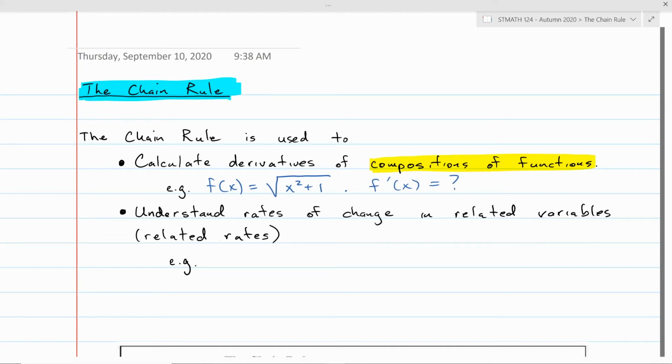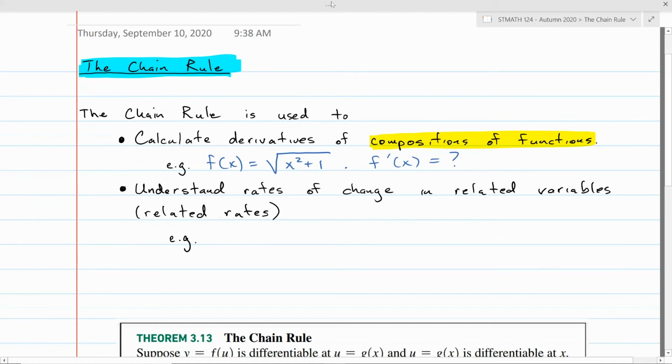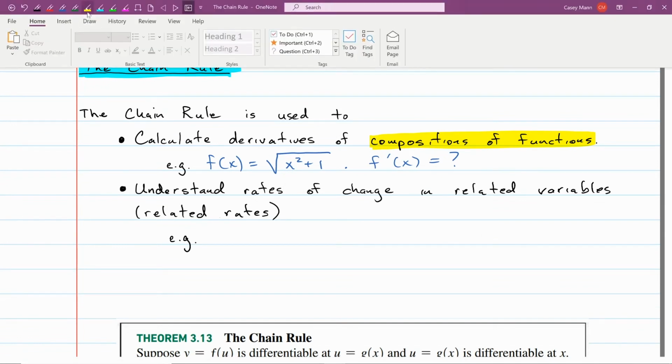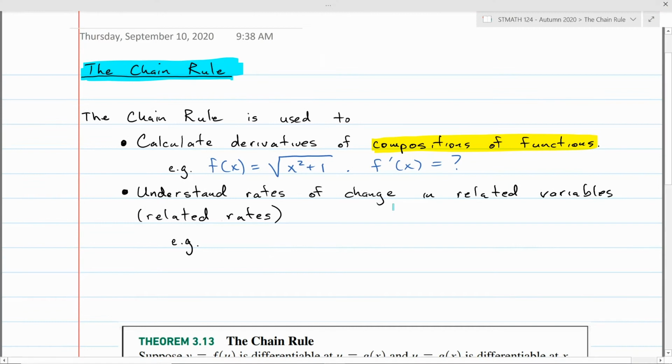And the second thing that we do with the chain rule a lot is to understand what are called related rates. So understand rates of change between related variables. It happens sometimes that as one variable changes, it causes another variable to change because they're interdependent on one another.